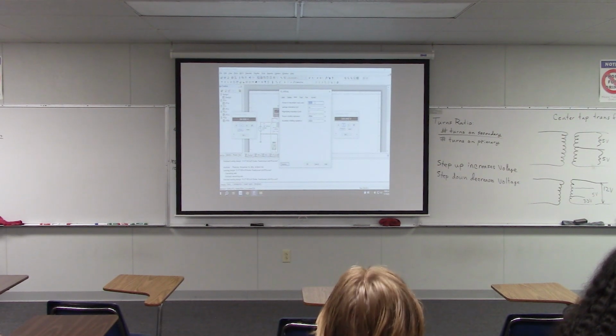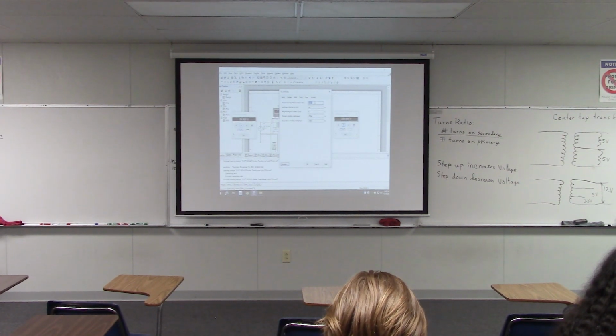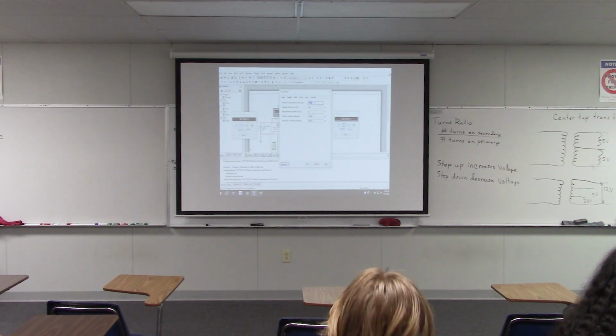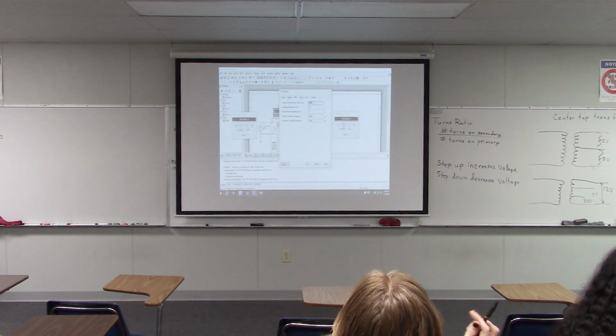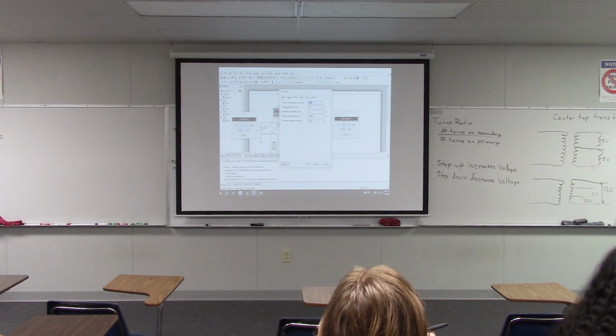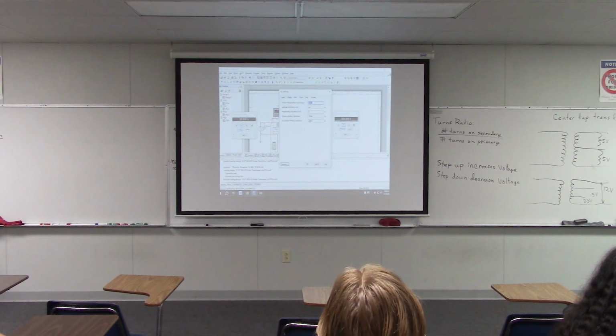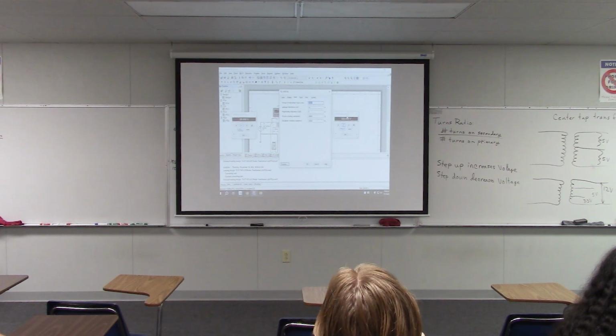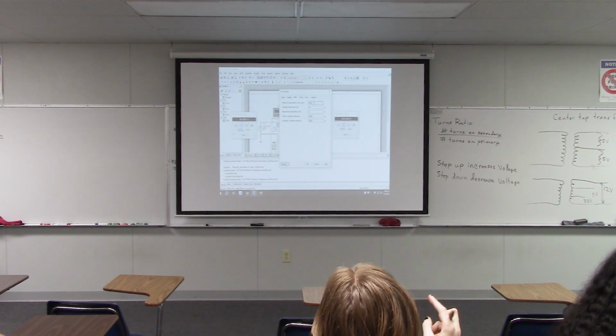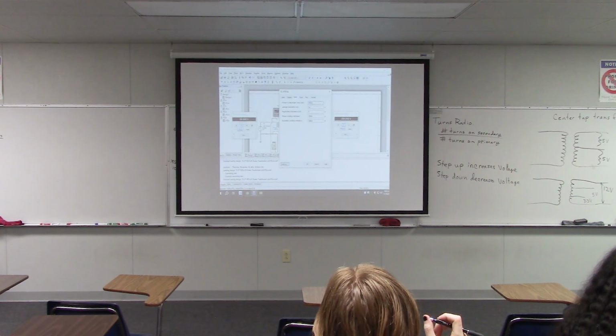So it's really a 1:4 ratio of primary to secondary. So that means that the secondary is 4 times as many turns as the primary, and sure enough, you get 4 times the voltage out that you have coming in. Okay, so if you want to change the primary to secondary turns ratio, you can change it right here.